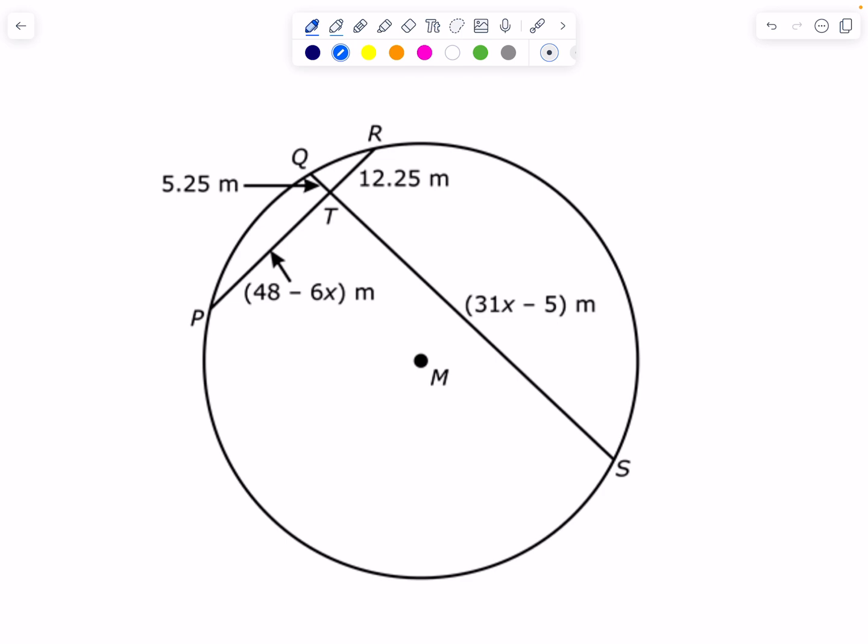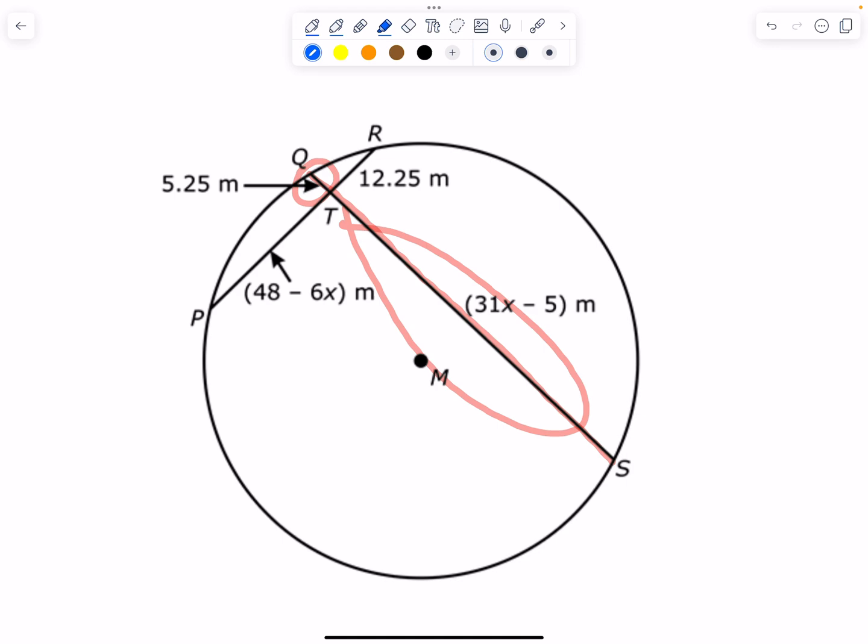And so the rule here is we take the ones that are on the same chord. So let me highlight that permanently. So we can take this piece times this piece of this chord, and we can equal that to the other 2 pieces on the other chord multiplied together.